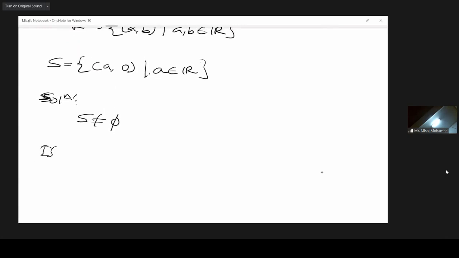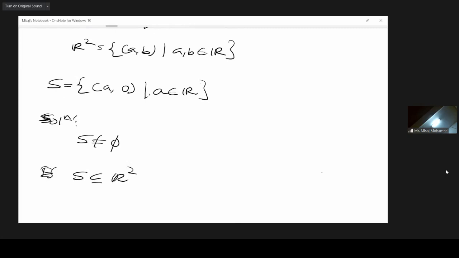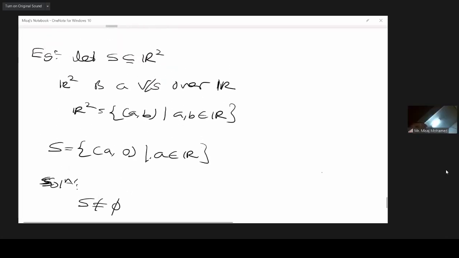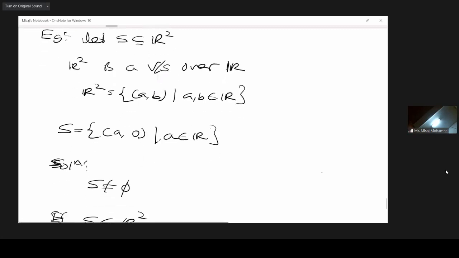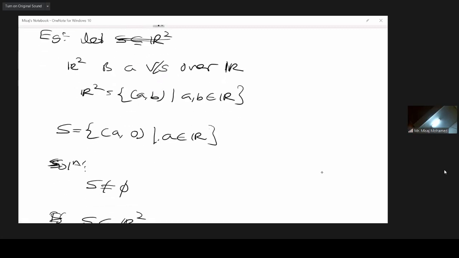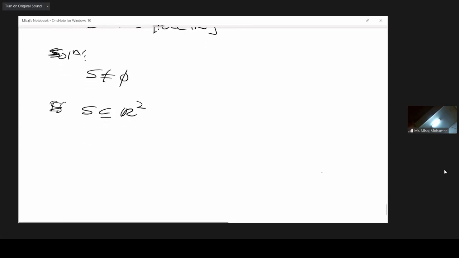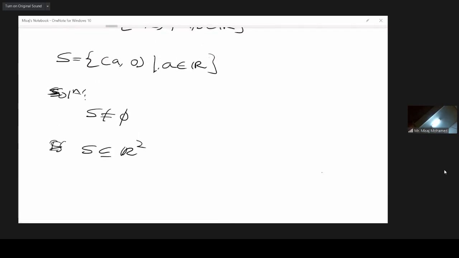Is S a subset of R2? It's given. It says S is a subset of R2.